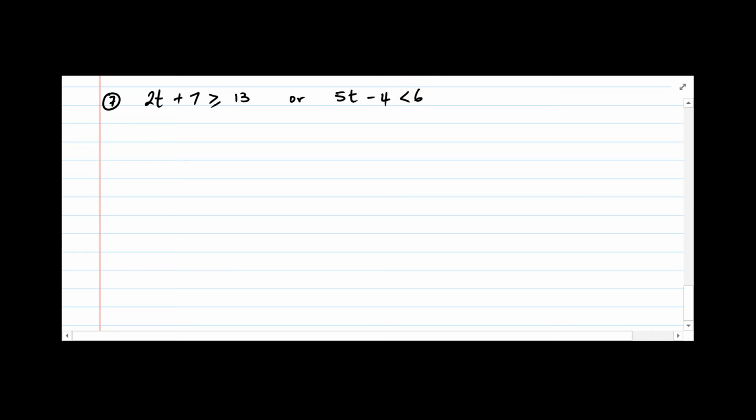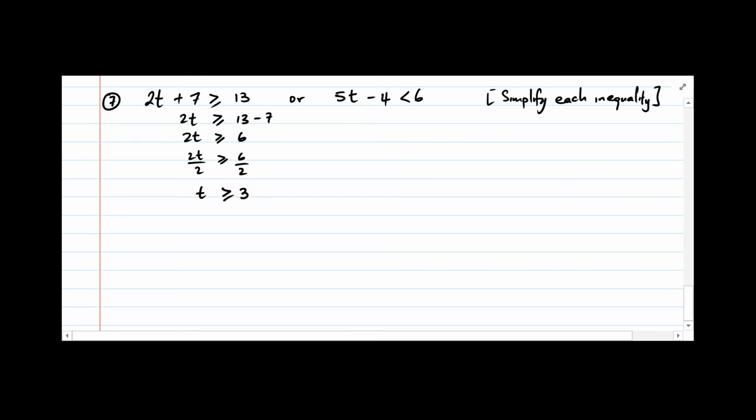So the first thing that you have to do is simplify each inequality, and then we'll be able to put them together on the number lines and look at what the or union is doing. So going through and solving, I'm transposing: 2t is greater than or equal to 6. Dividing throughout by 2, it's a positive number, so I don't have to worry about anything.